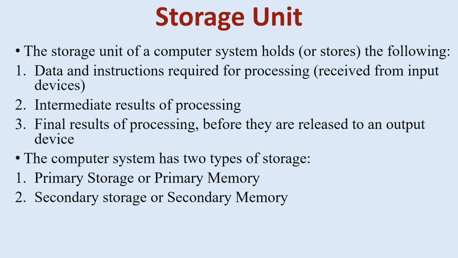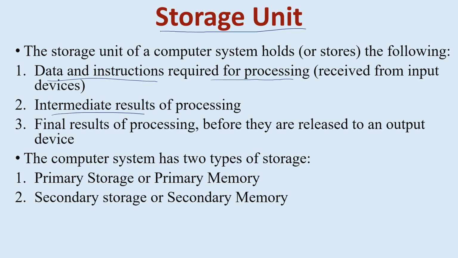Then comes the storage unit or the memory unit. The storage unit of a computer system holds or stores the following: data and instructions required for processing, means the data and instructions which are received from the input devices, it holds those for processing.